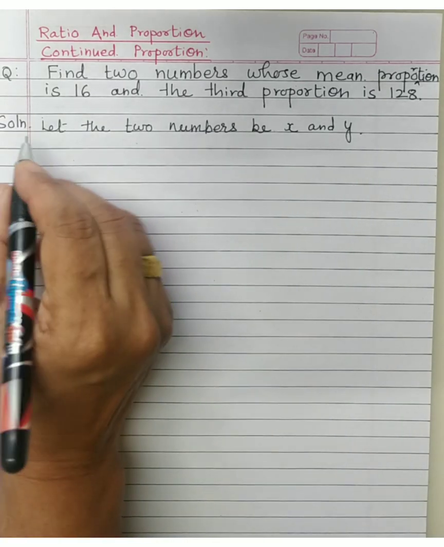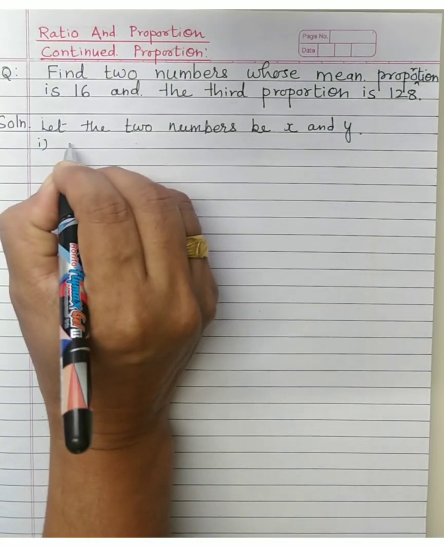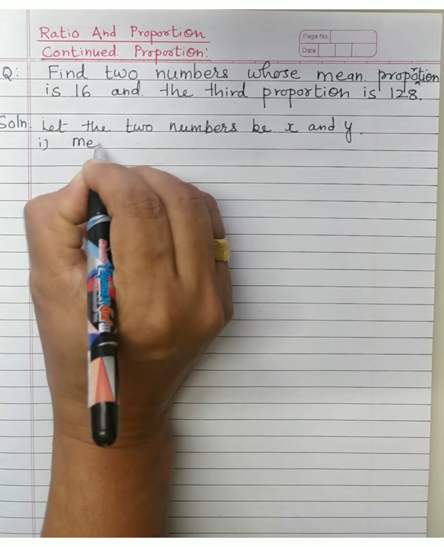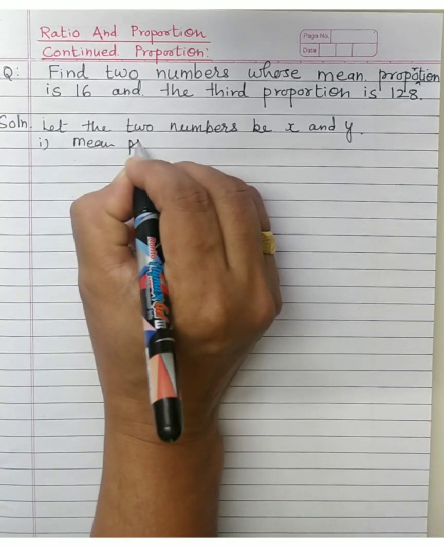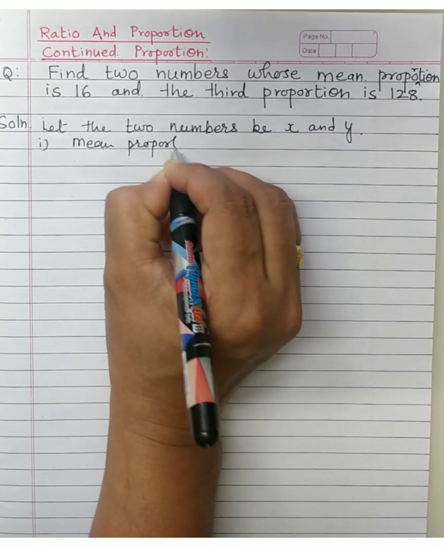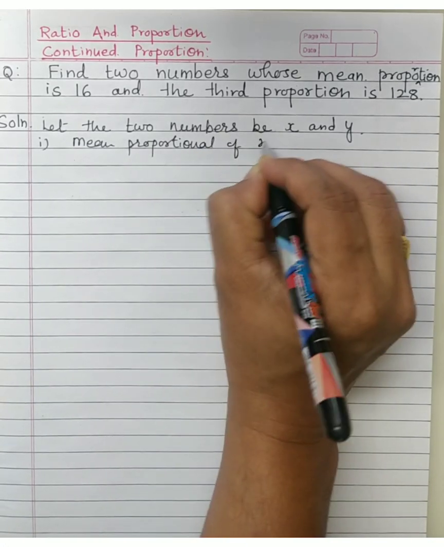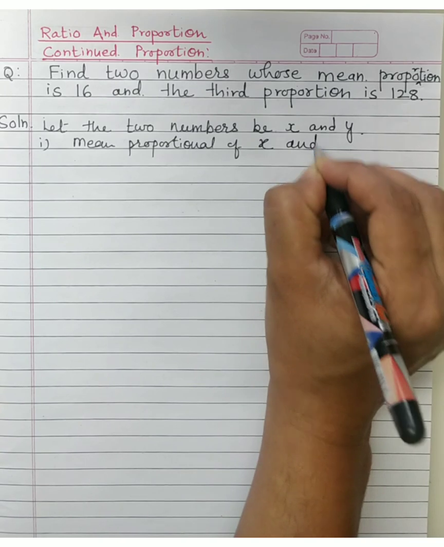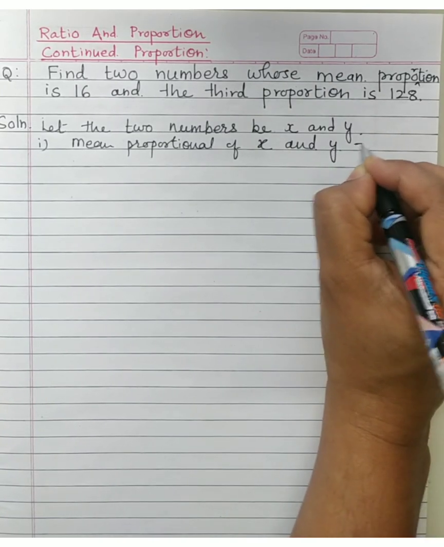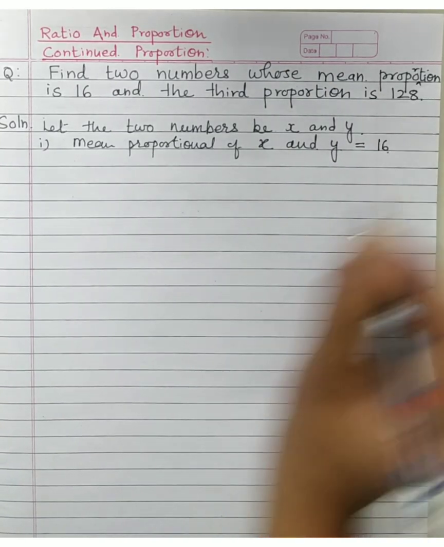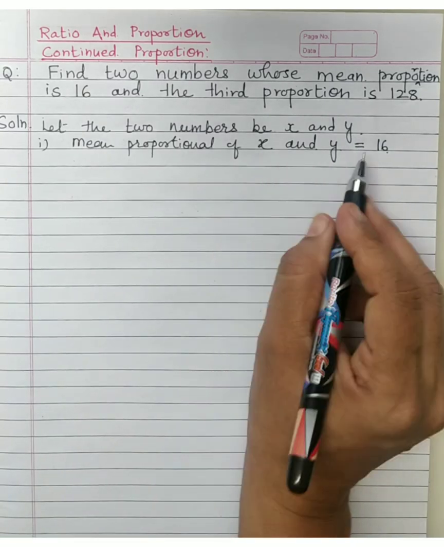What do I understand by first condition? Mean proportion of X and Y, right? My numbers are X and Y. So mean proportion of X and Y is 16. Now mean proportion, how do we write?